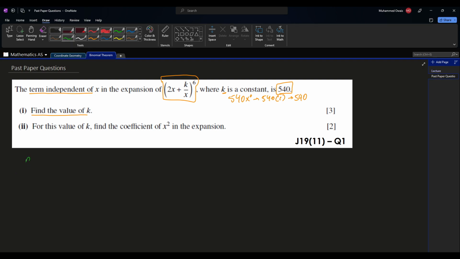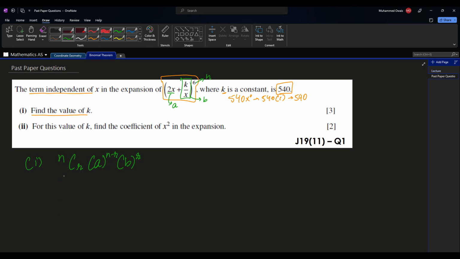So as we did last time, we need to remember this: nCr into a to the power n minus r into b to the power r. Alright, and now we can just say that 6 is n, 2x is a, k over x is b.